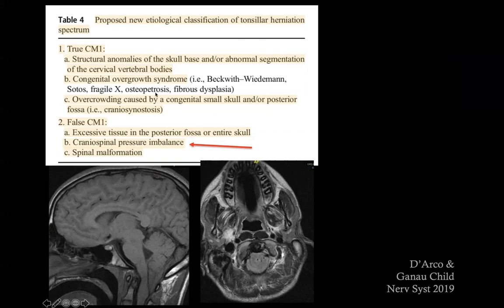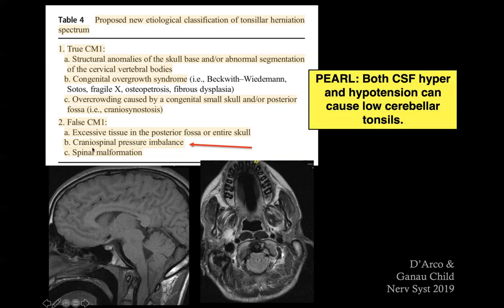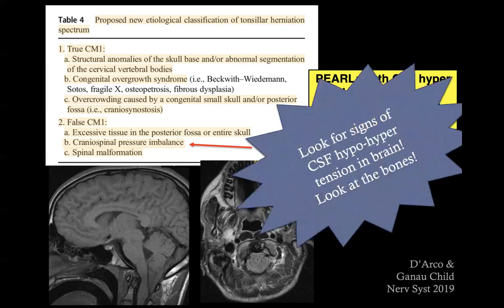But you have all these so-called false Chiari malformation type 1 that can be associated with excessive tissue in the posterior fossa, so a tumor, or also craniospinal pressure imbalance. So, pearl: both CSF hypertension and hypotension can cause low cerebellar tonsils. Look for signs of CSF hypotension or hypertension in the brain.